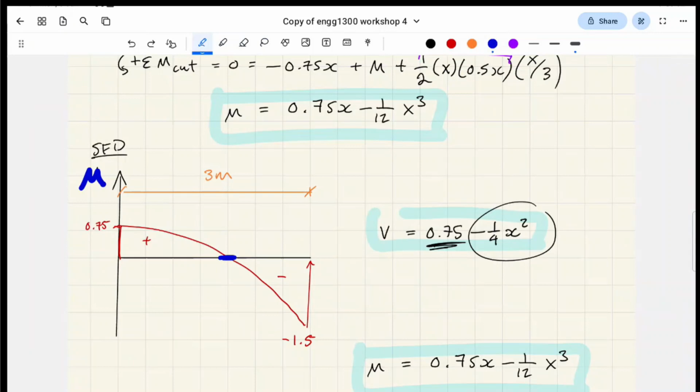Because, unless there's point moments or fixed supports screwing with the bending moment diagram, it'll look something like this. Where the slope is 0 is where it can't go up any further, because you've exhausted all the up area, pretty much.